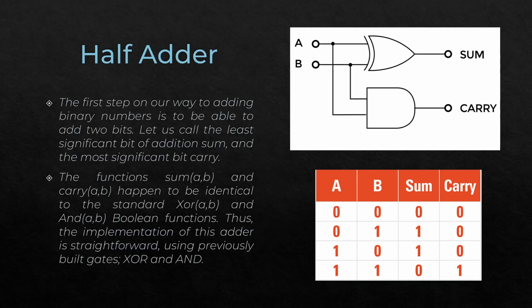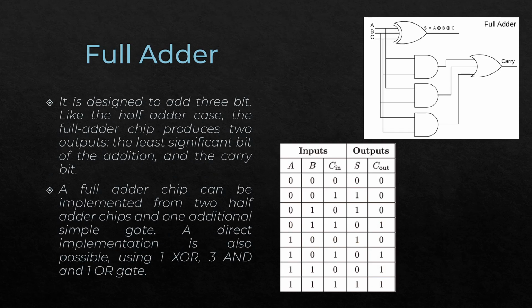Let's move on to the next adder, that is the full adder. It is designed to add three bits. Like the half adder, the full adder chip produces two outputs: the least significant bit of the addition and the carry bit. A full adder chip can be implemented from two half adder chips and one additional simple gate.